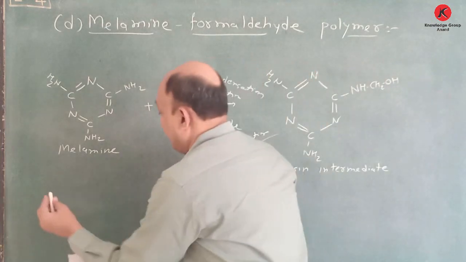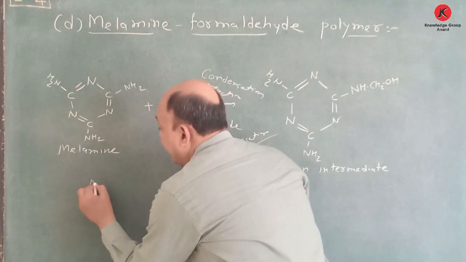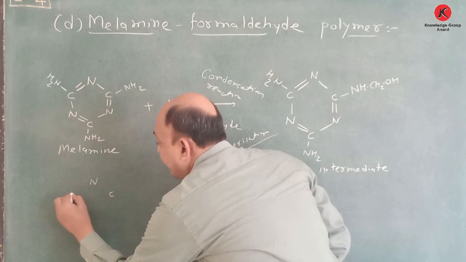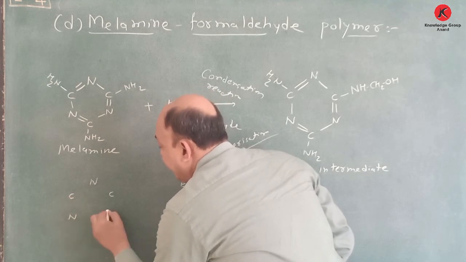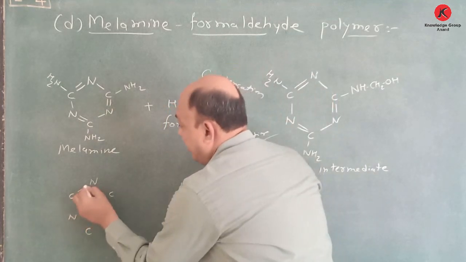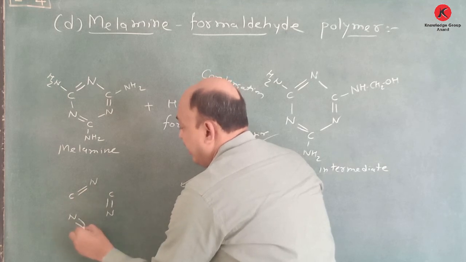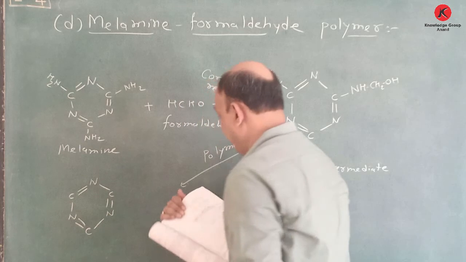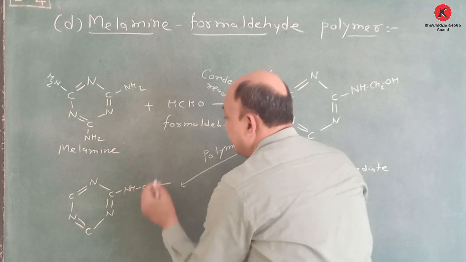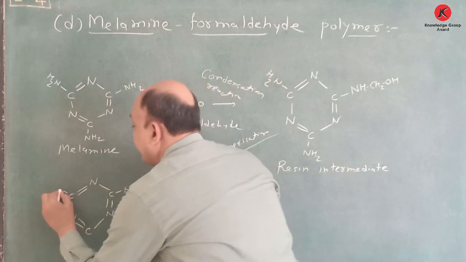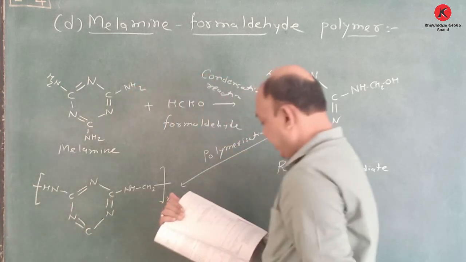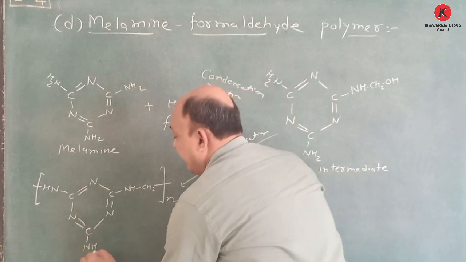In the same way you have to write the structure like this, and then here C, here C, here N, here N, here C. So here double bond, here double bond, single bond, single bond, single bond, and here NH, CH2, and here NH, okay, and here NH.